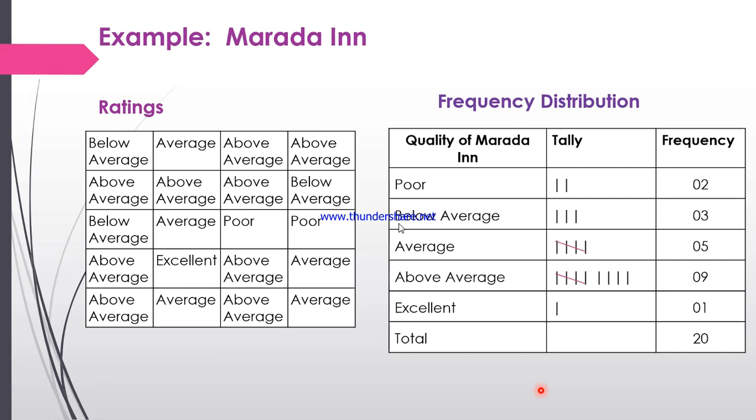It is 45%, so you have to put it that way: 45% of the respondents said Merida Inn is above average quality, while 25% of the respondents said its quality is below average. So overall, we can't say that the Merida Inn accommodation is very good. Such kind of information you have to give.